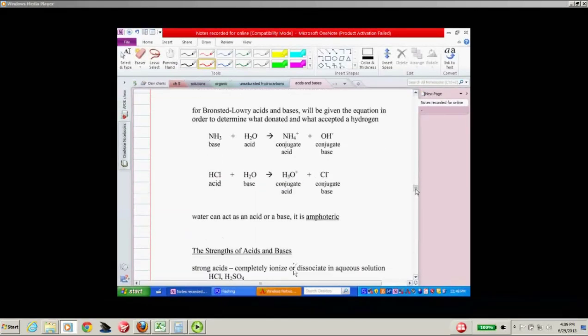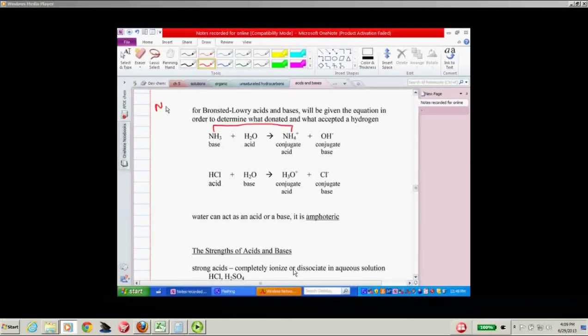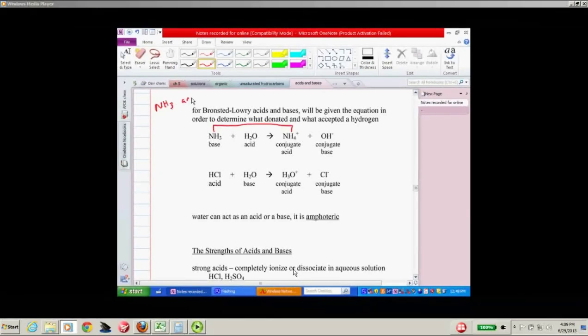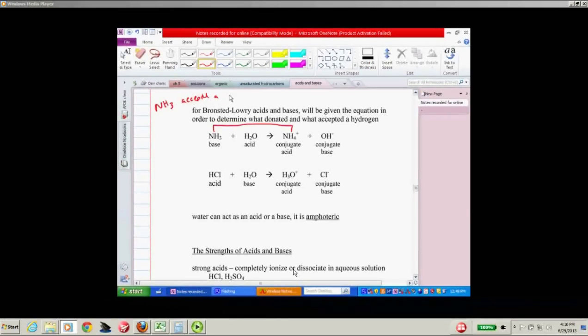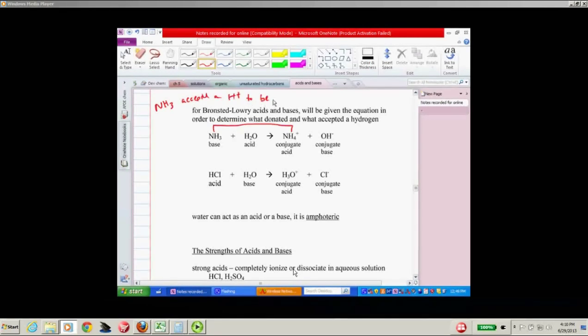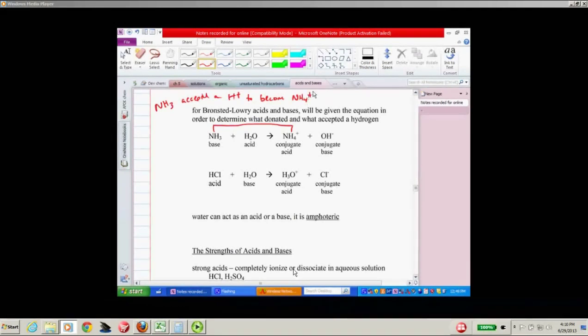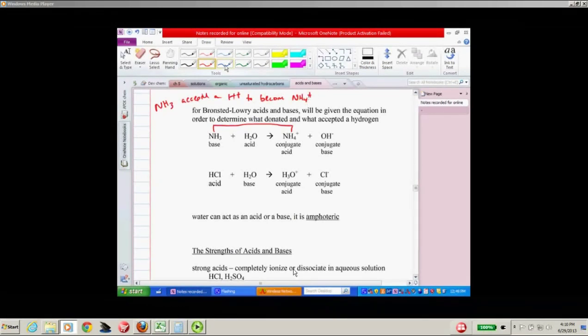But we have to see this equation so that we can see who is donating and who is accepting a hydrogen. So what you're going to be doing is finding pairs. You're going to be finding the species on each side that are only different by one hydrogen ion. So NH3 accepts a hydrogen and becomes NH4+.